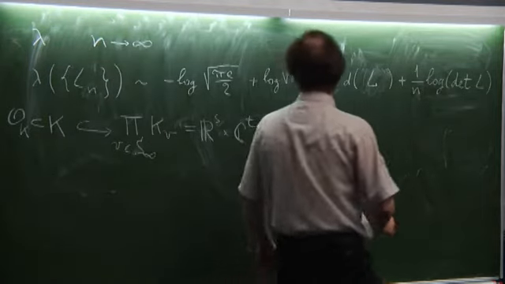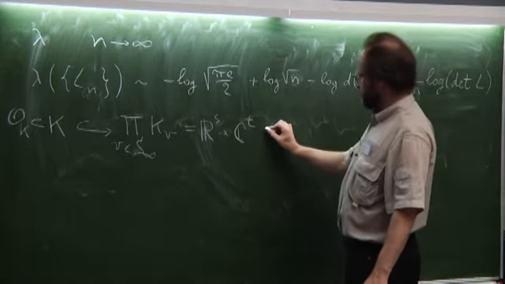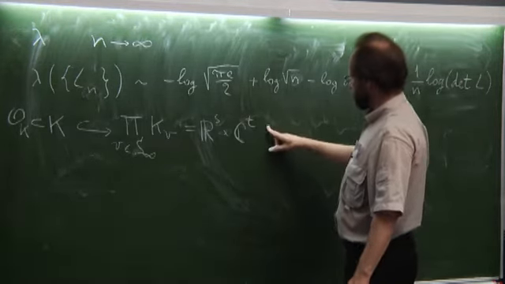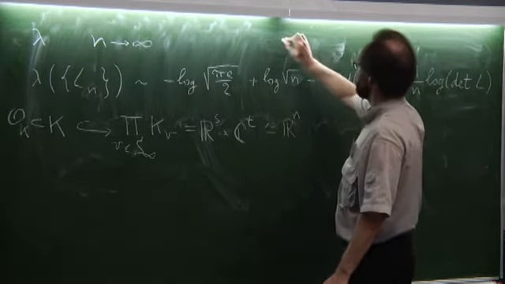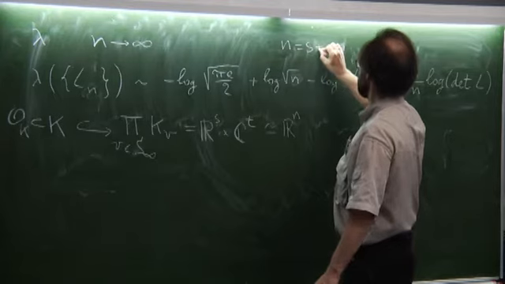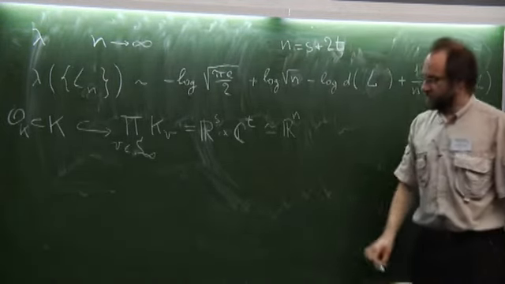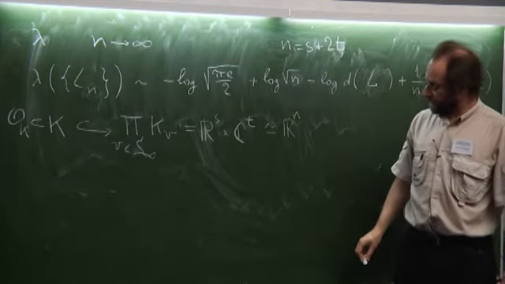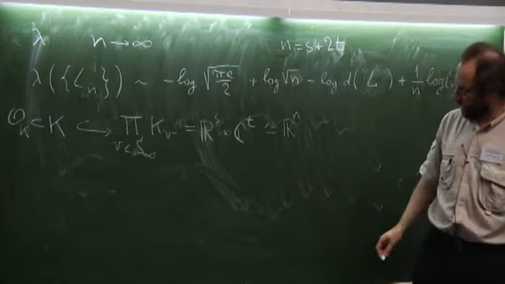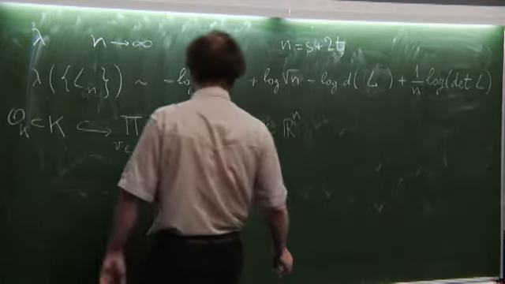And now I should say that this is isomorphic to r to the power n, where n is s plus 2 times t. And while doing this, I'll make a small trick.